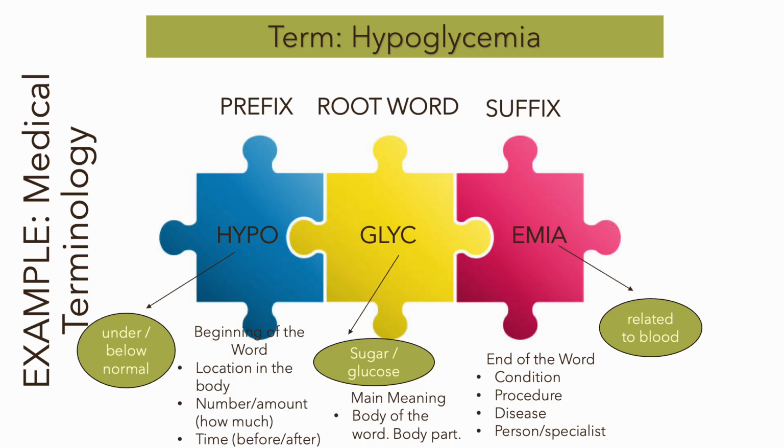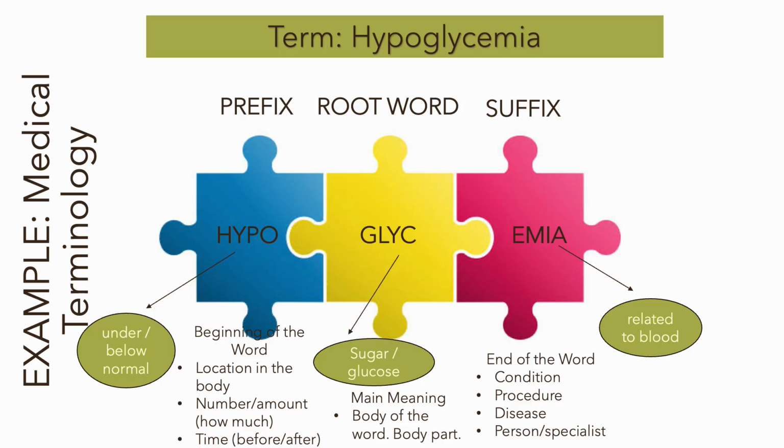Hypoglycemia. Hypo means below normal, under normal, low, right? Glyc is sugar. It references sugar. And emia relates to blood. So hypoglycemia has something to do with low blood sugar.